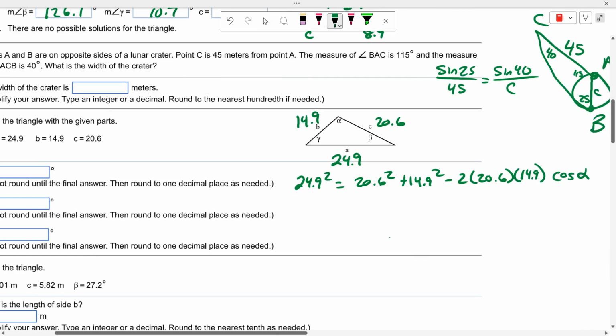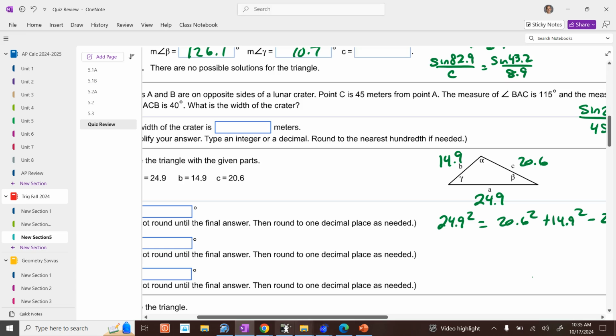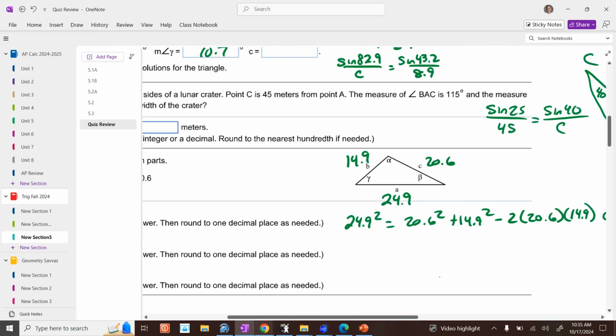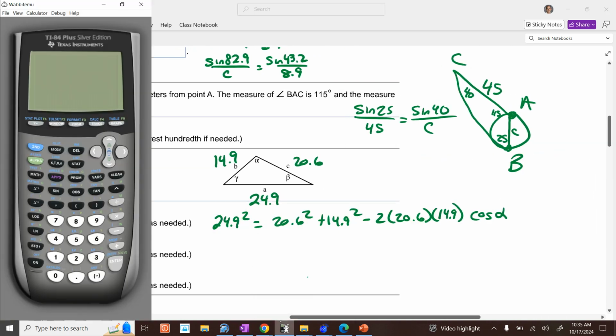So with my calculator, I'll take 24.9 squared.